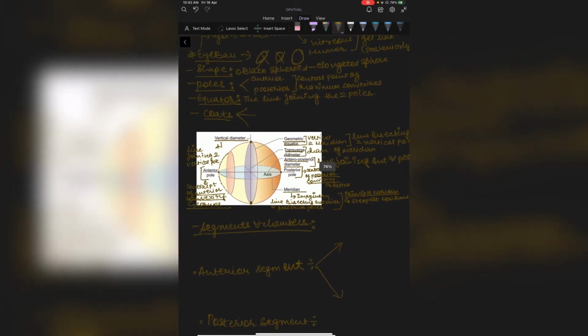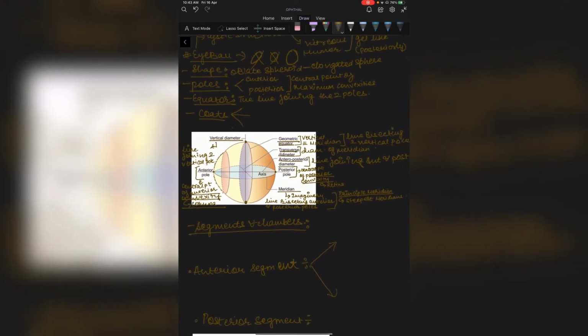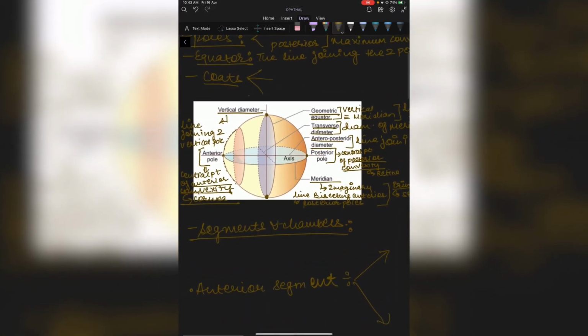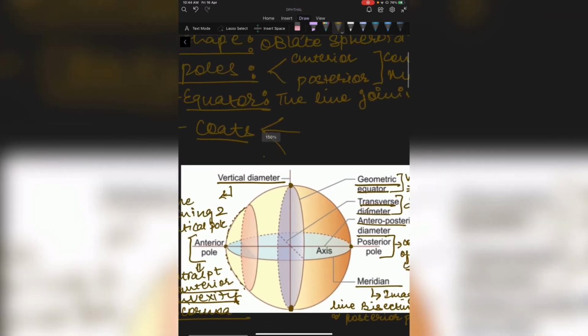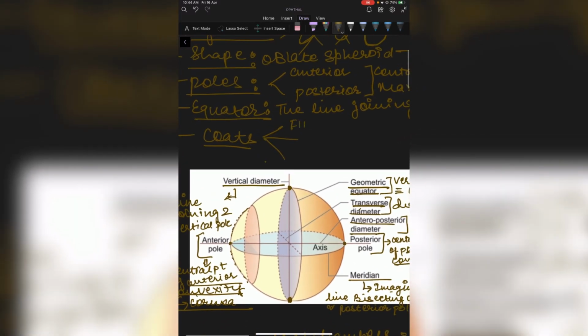Now transverse diameter is basically the diameter of your meridian, right, as it is also seen over here in the marked picture. Vertical diameter is nothing but the line joining the two vertical poles. And I think I've completed this. So let us move on to the coats. There are three coats of the eye: one is the fibrous coat, the vascular coat, and your nervous coat.